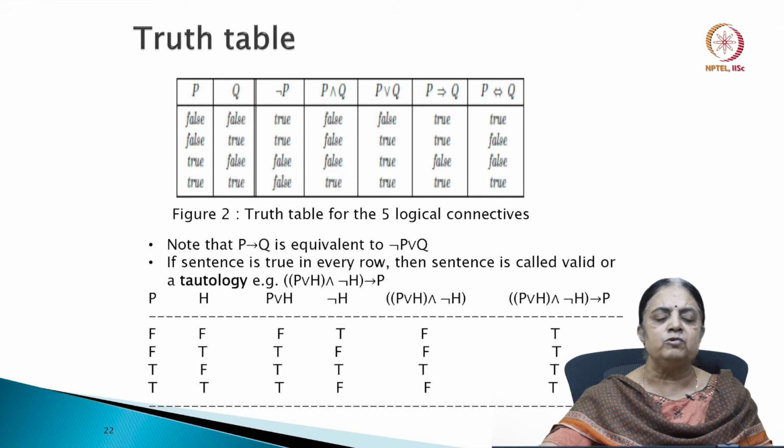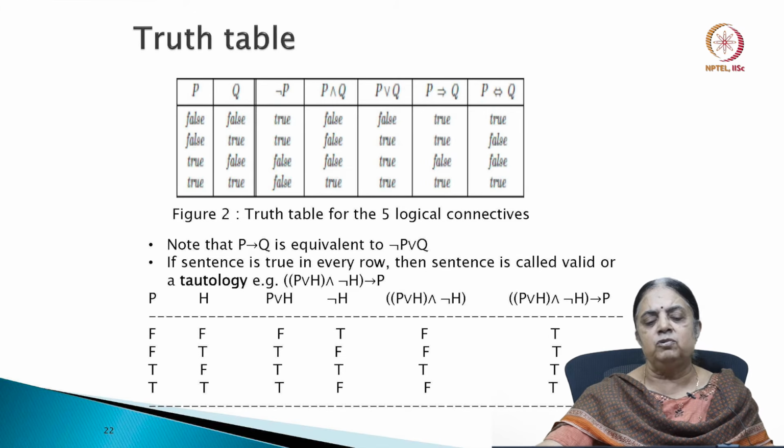So you can have both to be equal to false. One can be false, the other can be true, or both can be true. So for different values of P and Q, we are finding the truth value of these various complex sentences, right? Not P, P and Q, P or Q, P implies Q, and P double implication Q. So if we take not P, obviously if P is false, not P is true.